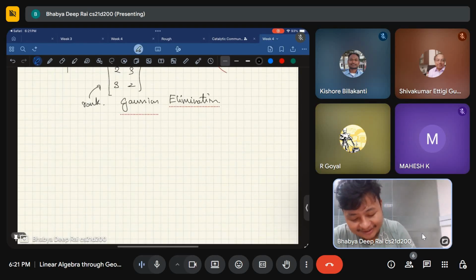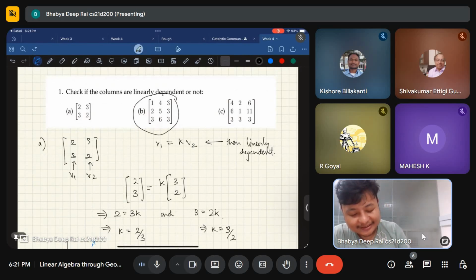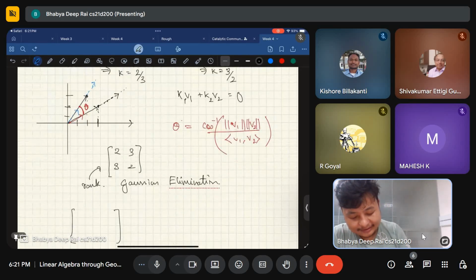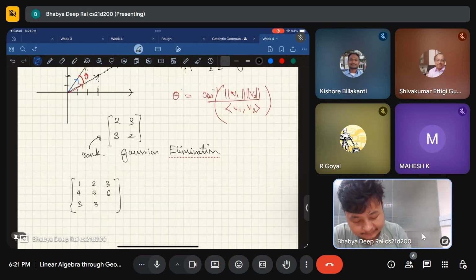Okay, sure. If you have a matrix, you remember Gaussian elimination, right? Let's take this matrix: 1, 4, 3 in the first column, 2, 5, 3 in the second, and 3, 6, 3 in the third.